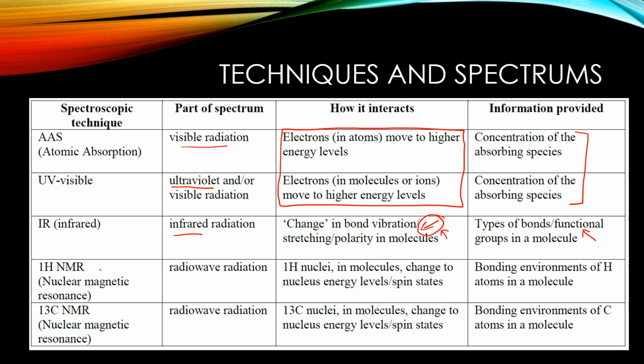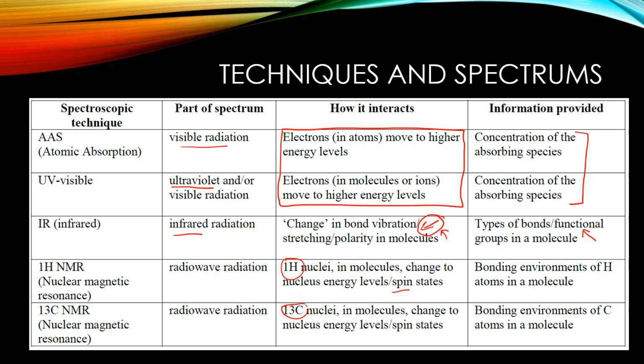For nuclear magnetic resonance, what happens is the protons and neutrons in the nucleus of the cell have a certain type of spin. And for odd number molecules such as hydrogen, which 1H only has one proton in the nucleus, and so that's an odd number.